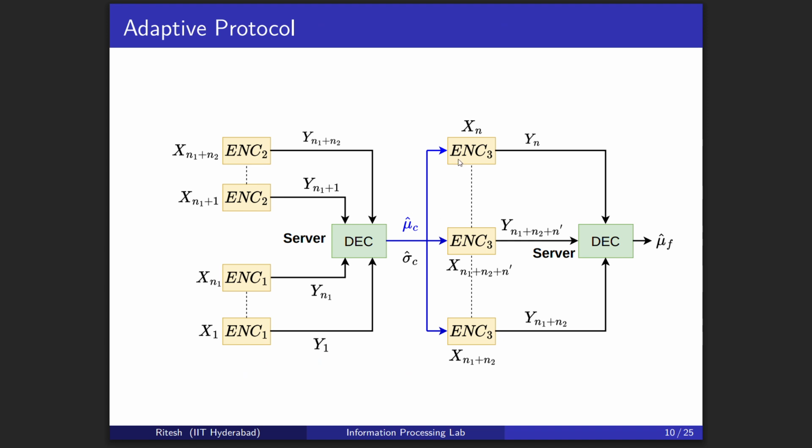Then in the adaptive part, we broadcast this mu_c hat to the third group of users, and they use it as a threshold to quantize, or encode, their samples. Finally, the server, using all this sample information, produces the final estimate of mu.